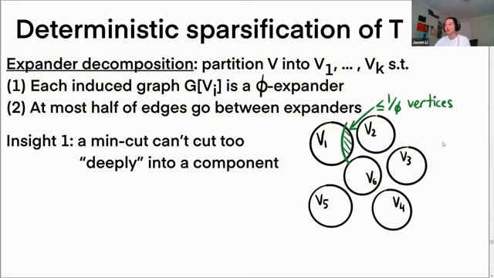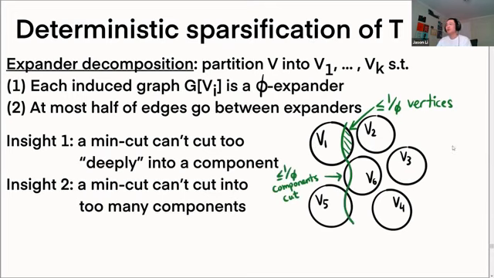So we cannot cut too deeply into an expander, regardless of how large the expander might be. This is insight 1. The second insight, which I won't prove since it requires a little more technical work, is that a min cut cannot cut into too many components. More formally, there are only 1 over phi components where there's at least one vertex on both sides of the min cut.